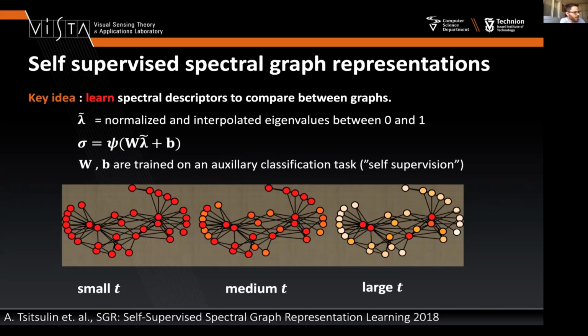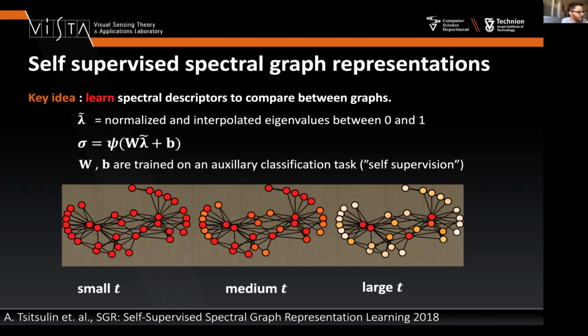And this paper here, an extension of the previous paper, proposed to do it in a self-supervised way. So instead of having labeled data, which is very hard to get, especially for exotic data such as graphs and hardware reverse engineering, they defined some auxiliary task, which was to do binary classification between random graphs and graphs with some block structure.